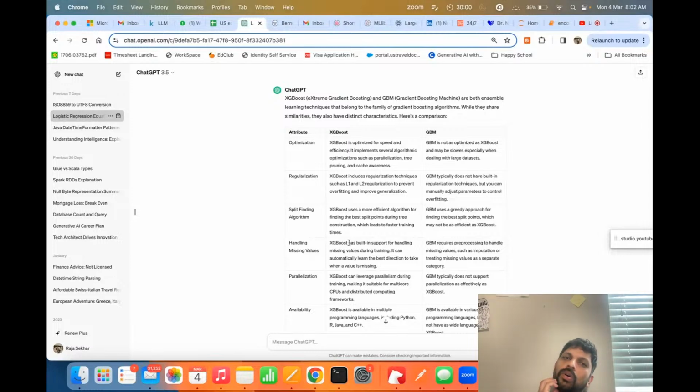Oh, so I was actually thinking XGB, extreme gradient boosting, is only applied for random forest. It can be applied for any algorithm, is it? Good learning. GBM does not support parallelization.